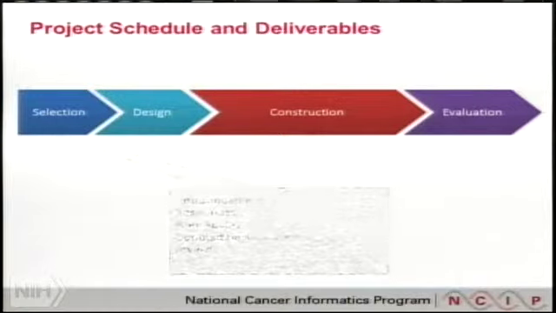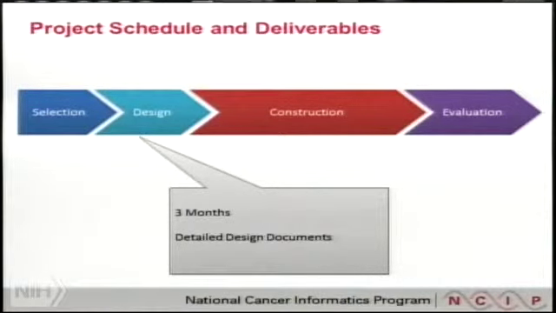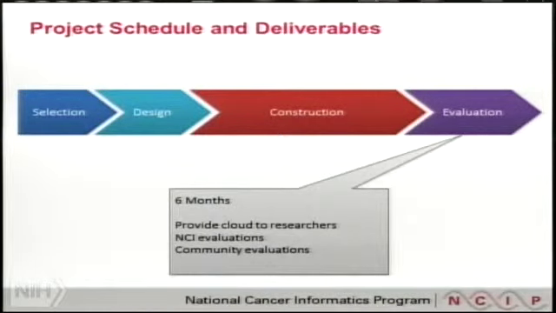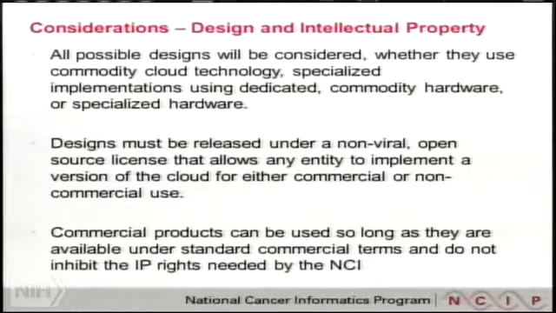This would be followed by a 3-month design phase where we would certainly expect that in the process of responding to the broad agency announcement, an initial design would come in. This would give an initial 3 months to flesh out the designs, followed by a 12-month construction phase during which they would develop the cloud, implement the cloud, develop the API, etc. And finally, an evaluation phase of 6 months where the clouds would be provided to researchers and we would conduct both NCI and community-based evaluations.